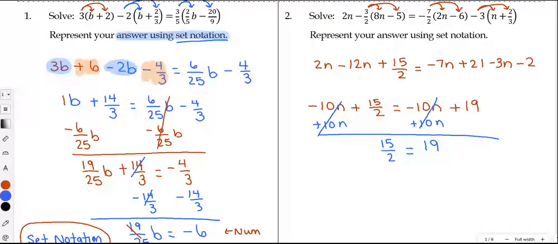This happens. Is it possible that this number, 15 over 2, what is that number anyway? What's 15 divided by 2? 15 divided by 2 is 7.5. Is the number 7.5 equal to 19? Impossible, right? We know our numbers. This is not true.